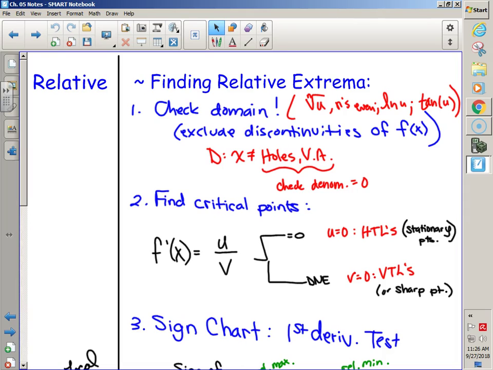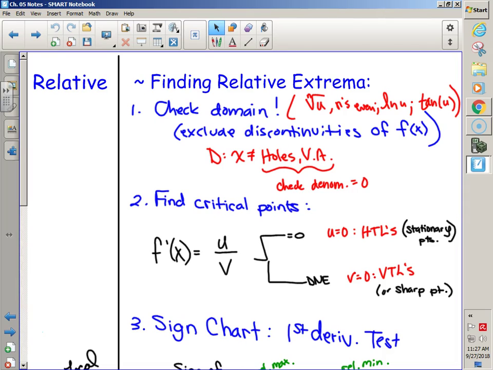Our book calls horizontal tangents stationary points. Did that come up last year? So when you see stationary points, what is it talking about? If something is stationary, like a stationary bike in a gym, it doesn't move.